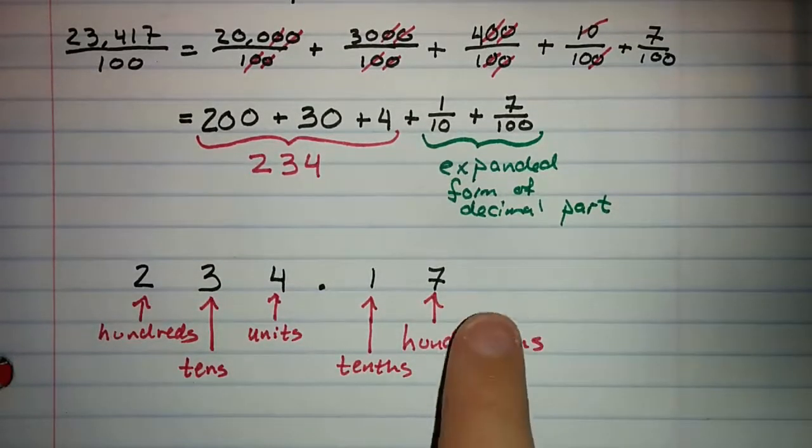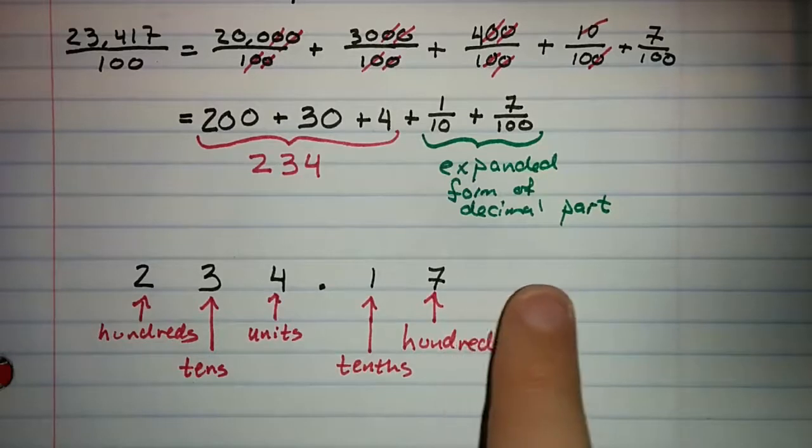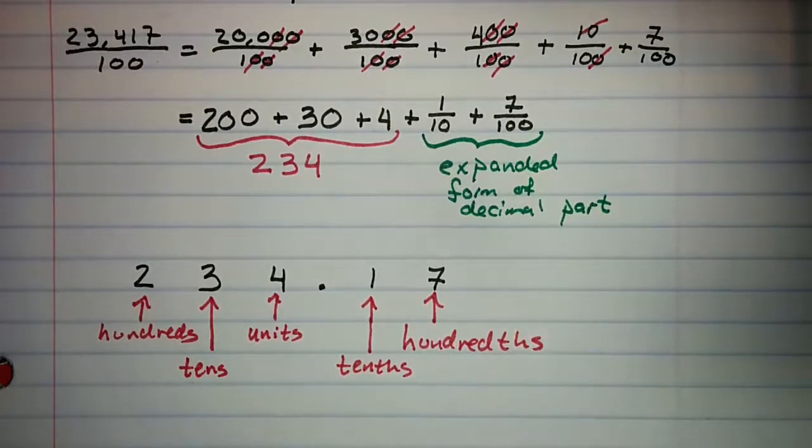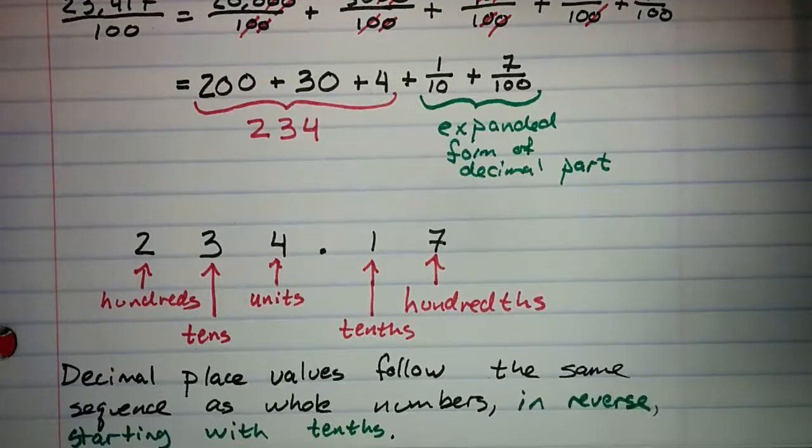If we continued on, I hope it's easy to see we would get a number of thousandths, a number of 10,000ths, and so on. So decimal place values follow the same sequence as the whole numbers, in reverse, starting with tenths.